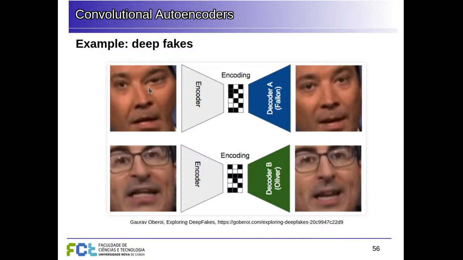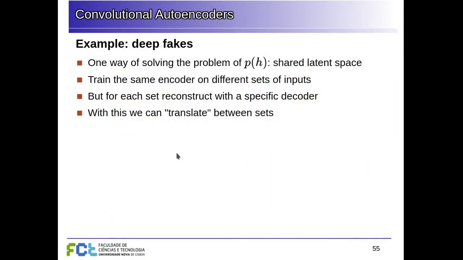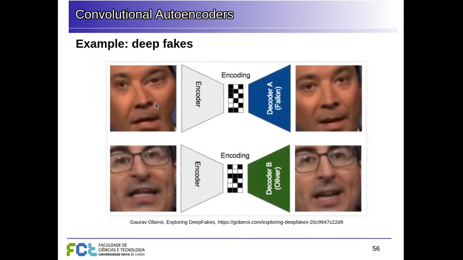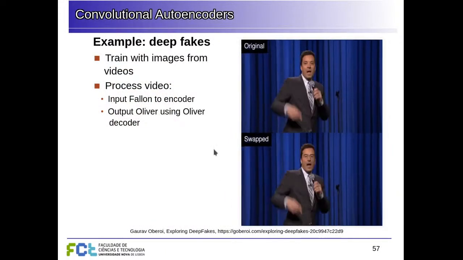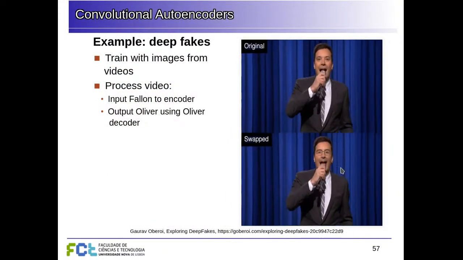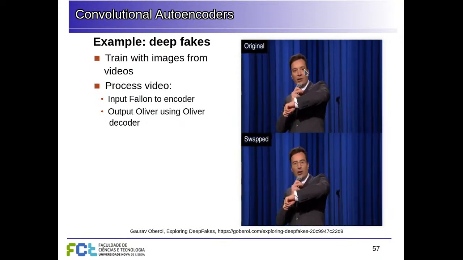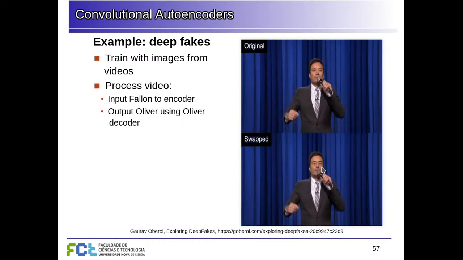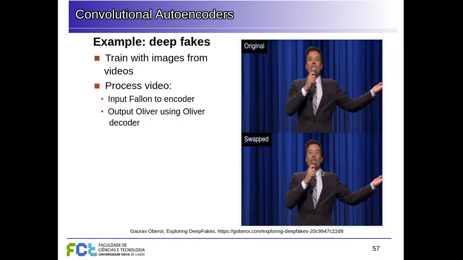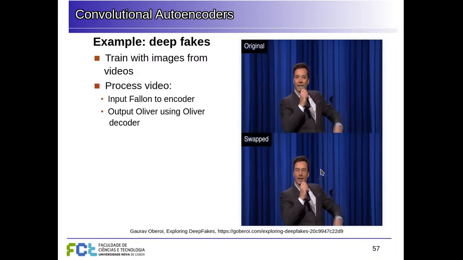Usually we can use data augmentation techniques like deforming the image slightly and so on. So we don't need a large data set for this, and we have a different decoder for John Oliver. And now we can use this to convert from one to the other, because we know how to map images of Jimmy Fallon, for example, into that shared representation, from which we can extract the John Oliver face by using the John Oliver decoder.